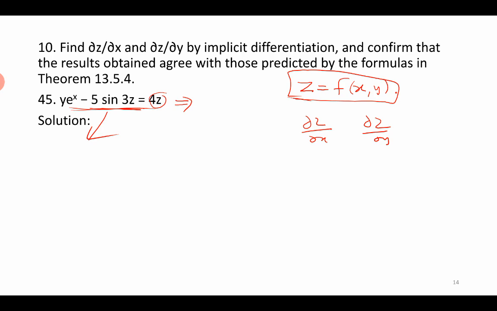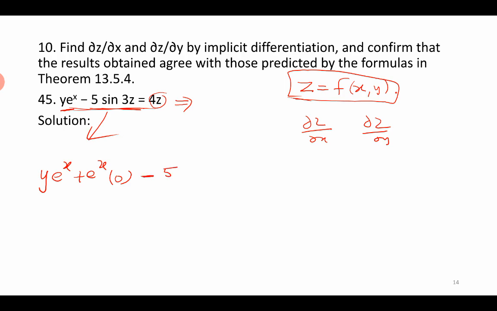Now here we go, right? When you differentiate this one by the product rule, you are differentiating with respect to x partially. Keep y, differentiate e^x, it is e^x. Now keep e^x, differentiate y, it will be 0, because we are differentiating with respect to x, so y should be treated as constant.